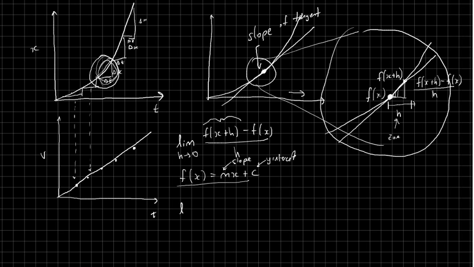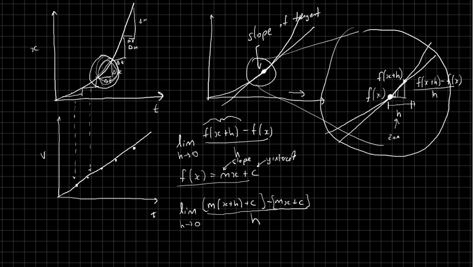So we have the limit as h tends towards 0, and f of x plus h is going to be m times x plus h, plus c, and then minus f of x, which is just mx plus c. We're going to divide that by h.